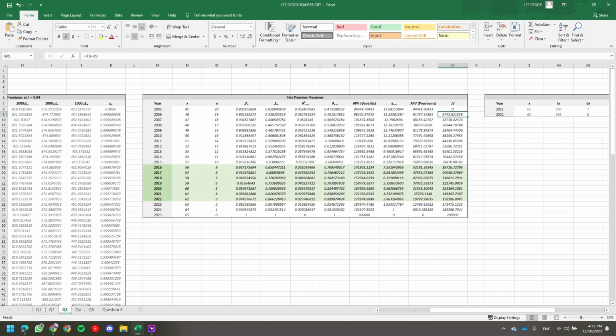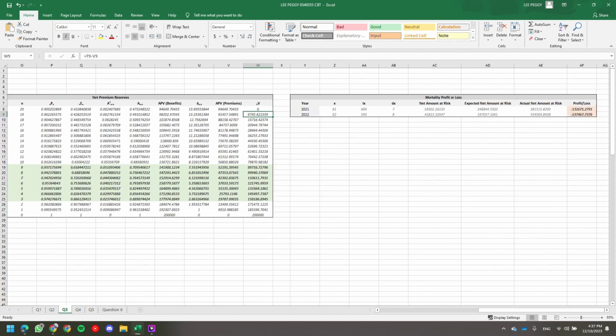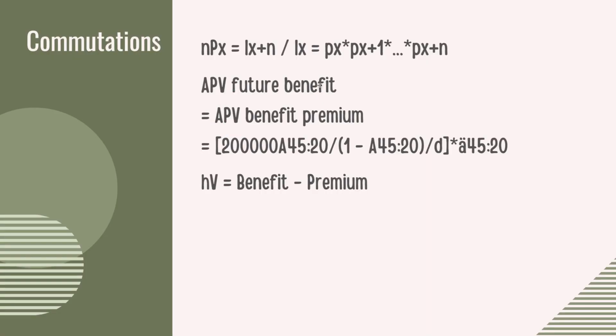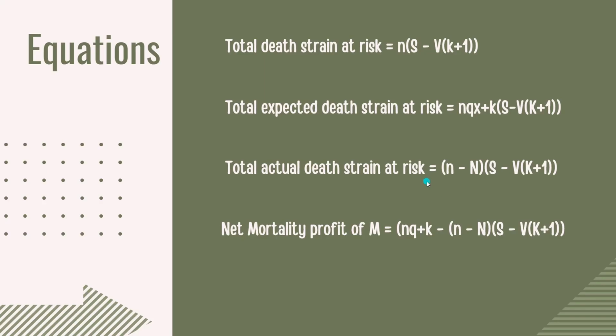Now we have completed the first requirement of the question, and for the second requirement we have to calculate the mortality profit or loss. To complete this, these are the formulas we need to use.